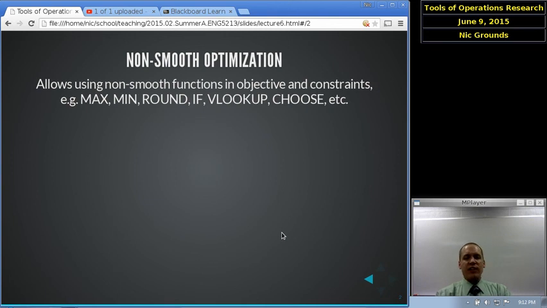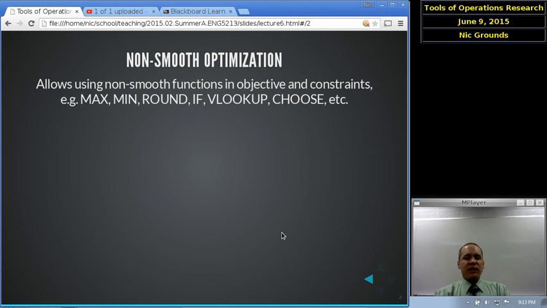Okay. So any of these functions, or there are many others in Excel, if you use these, you're constrained to using a non-smooth optimization. The trade-off of non-smooth optimization is that you're never even guaranteed to find a locally optimal solution. Okay. All it can essentially do is look as hard as it can for as long as you will let it and find the best answer it can find. Okay?